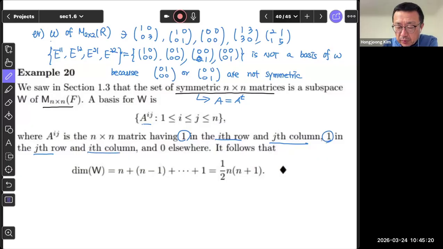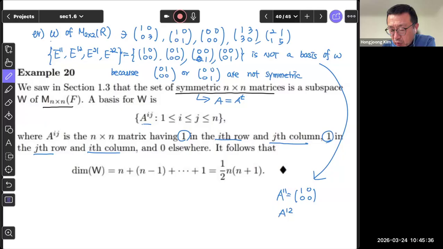So for example, in this 2 by 2 case, A11 is the matrix 1 0 0 0, and A12 will be 0 1 1 0. A22 will be 0 0 0 1.